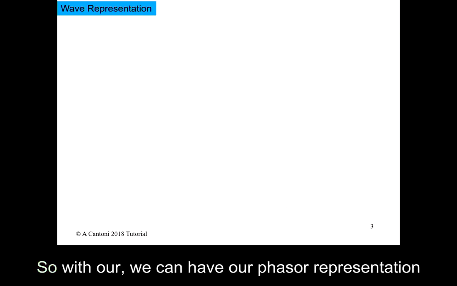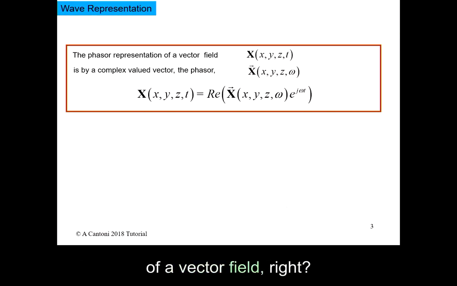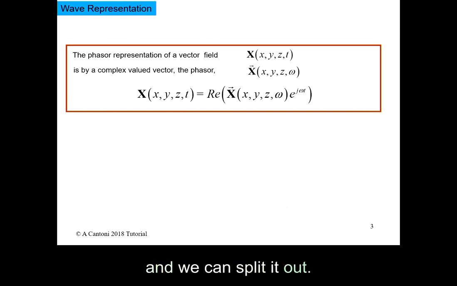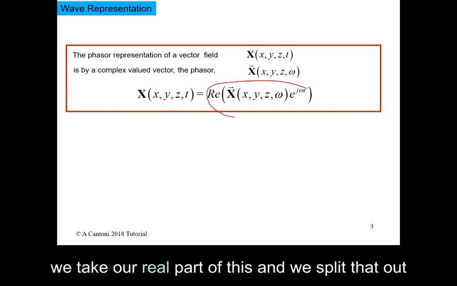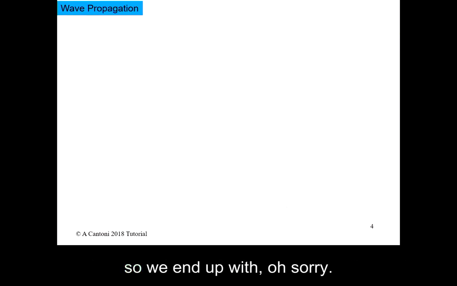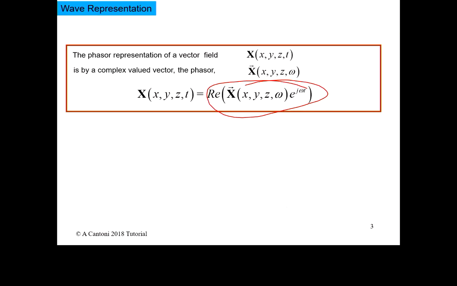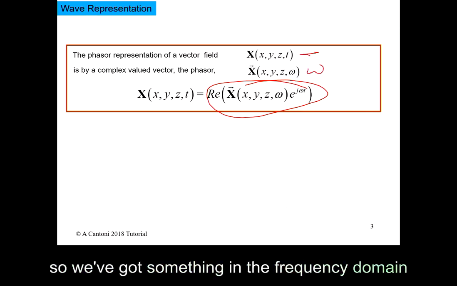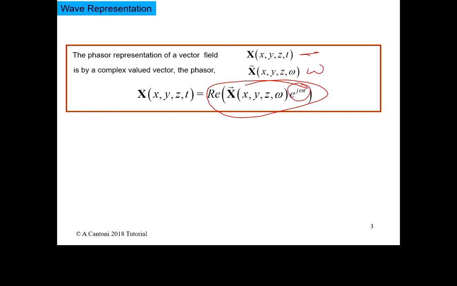So we can have our phasor representation of a vector field, right? A vector field is a complex valued vector, and we can take the real part of this and split it out, so we've got something in the frequency domain times e to the j omega t.